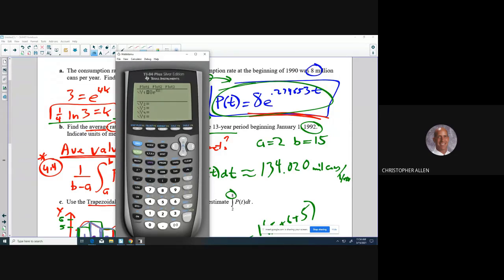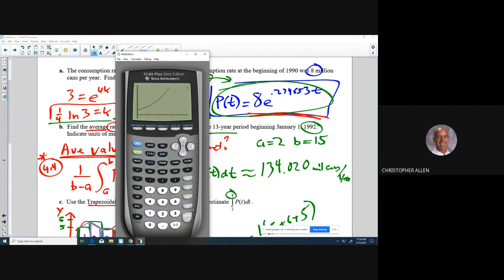There's my equation. And I need my window to go from at least 0 to, it was 2 to 8, but I'm going to go from 0 to 10, let's say. And I'm not sure what my y min and my y max needs to be, so I'm just going to do, I don't know, 50. Let's see what happens here when I graph this.